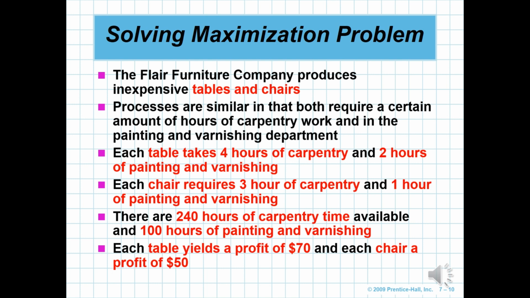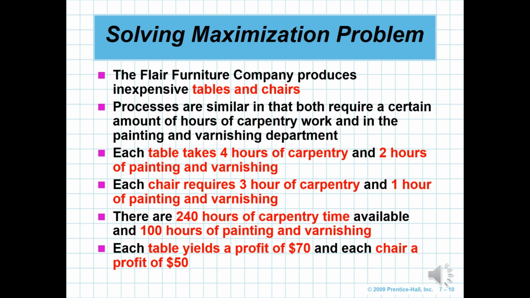So the total carpentry time is 240 hours and the hours for painting and varnishing is 100 hours. So that is the total of resources available. Each table yields a profit of $70, and each chair has a profit of $50.